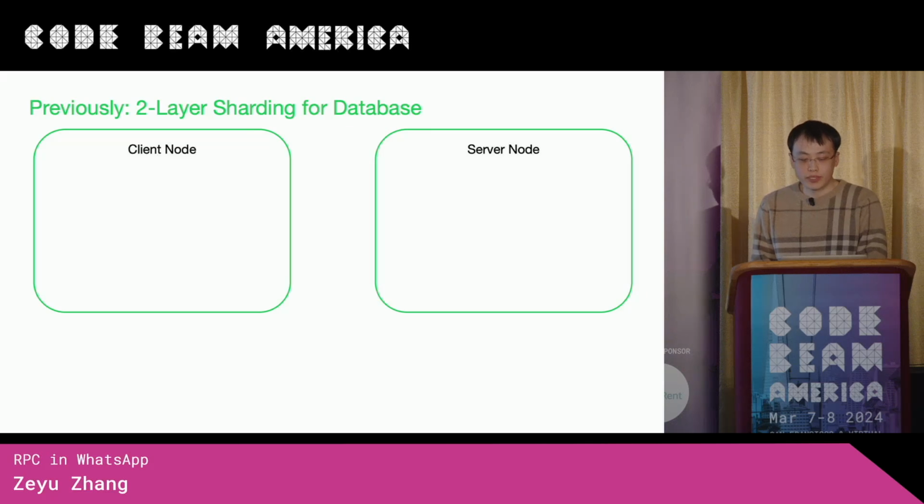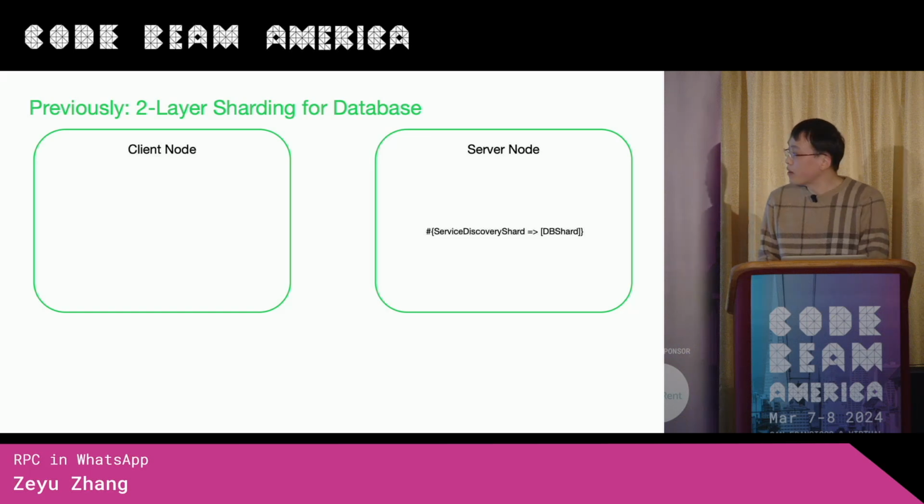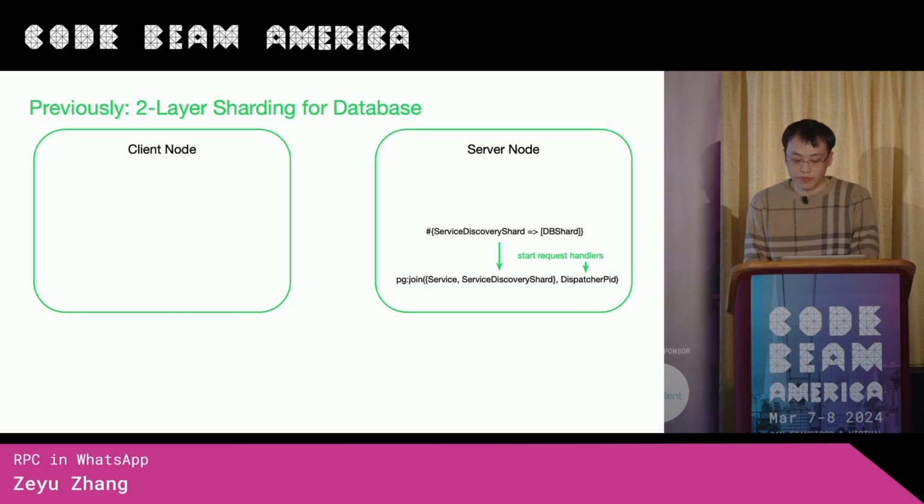So what was done? Previously, we had a 2-layer sharding for the database. Basically, we have a concept of database shard and a concept of service discovery shard. One service discovery shard maps to multiple database shards. The server starts a lot of database shards, but only joins a few service discovery shards.